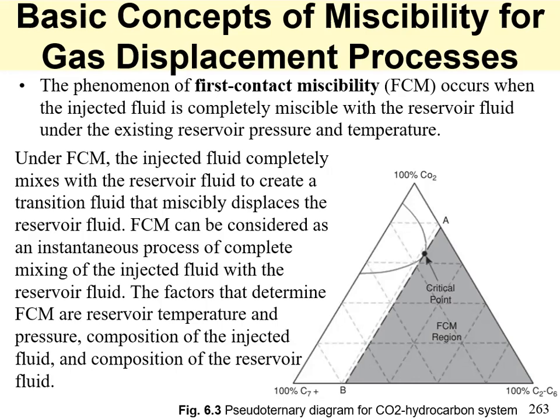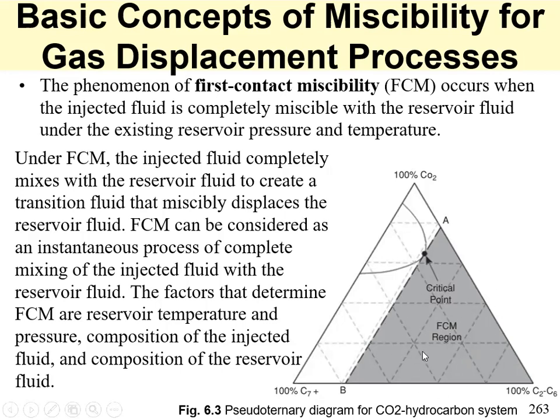It can be considered as an instantaneous process of complete mixing of the injected fluid with the reservoir fluid. The factors that determine first contact miscibility are reservoir temperature, pressure, composition of the injected fluid, and composition of the reservoir fluid.